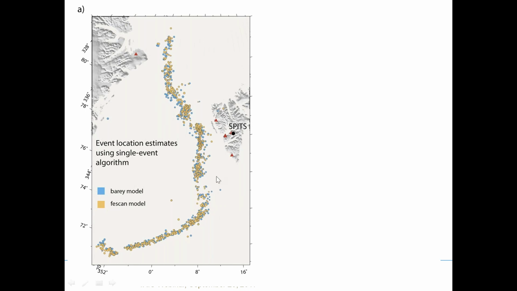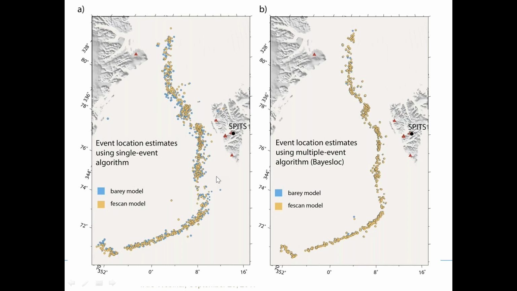And then when you run the BaseLook program, the results kind of astounded me in a way, not just because of the compactness of the solutions, but the fact that it didn't actually matter the exact form of the velocity model applied. The Fennoscandian and the BARI solutions fall almost at the same place.